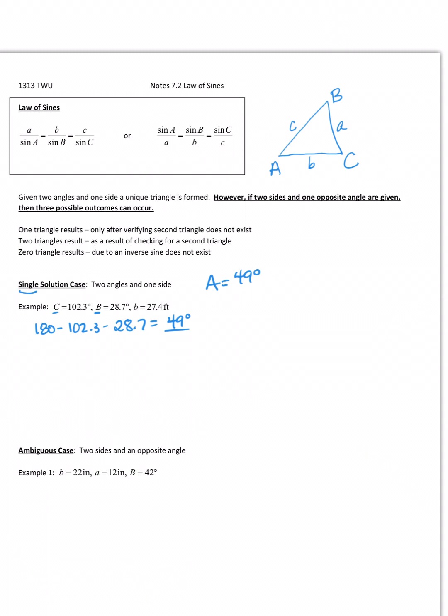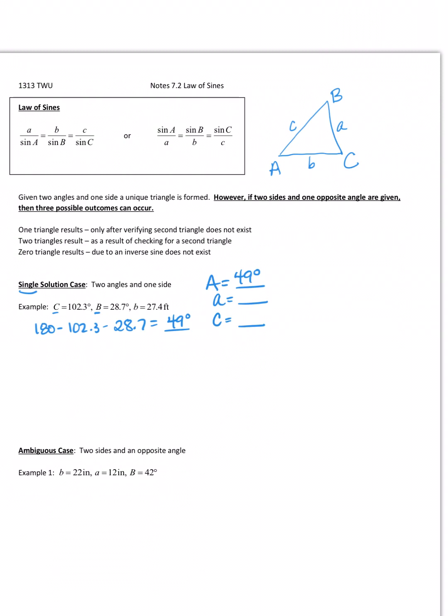Now, what else is missing from my triangle? I need to find little side A, and it looks like I need to find little side C. All right, so I know I'm done when I've found all three parts here. So I can use then the law of sines to help me find the missing sides.